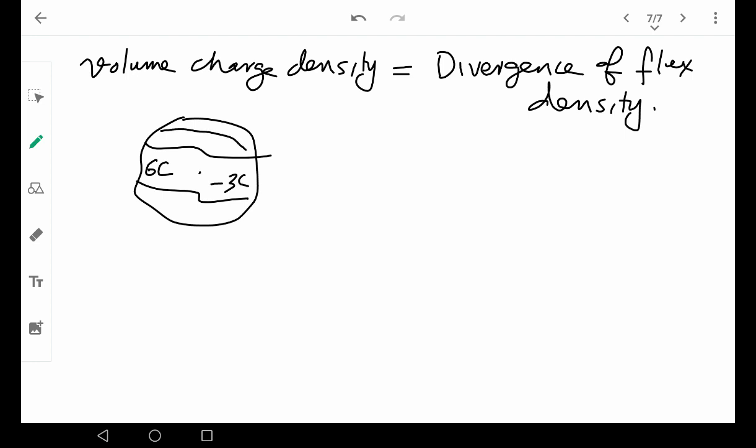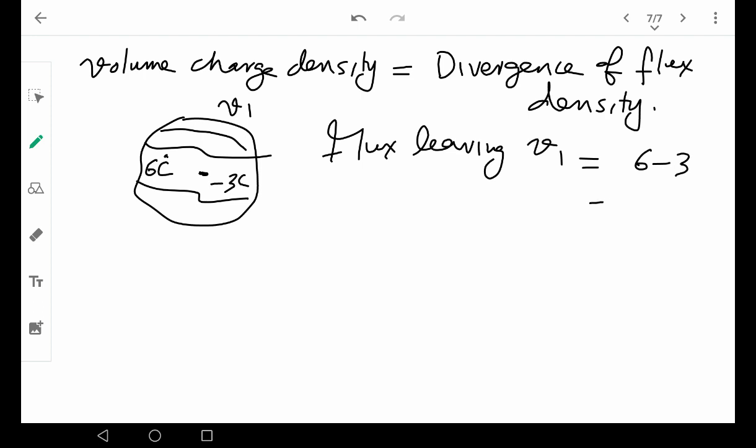What is the flux leaving this volume? Let us call this volume V1. Flux leaving volume V1 equal to 6 minus 3 equal to 3 coulomb. So the flux leaving a volume will be equal to the charge enclosed by the volume.